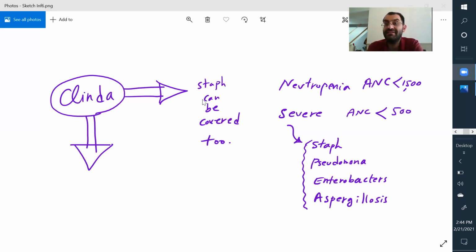Clindamycin also has good bone penetration. For example, the patient has sinusitis and tenderness on the bone. My generation remembers Pott's puffy tumor, which is osteomyelitis of the frontal bone.